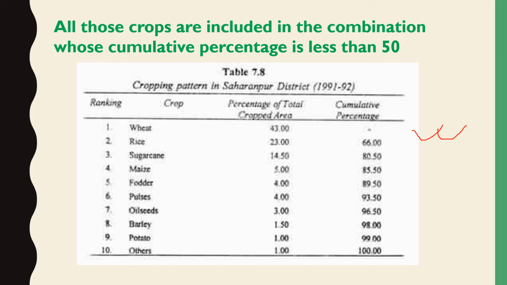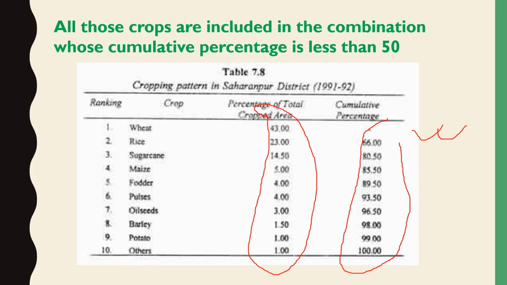Here crops are ranked according to the percentage of total crop area. These are the percentage of area under each crops. And here the cumulative percentage has to be done.